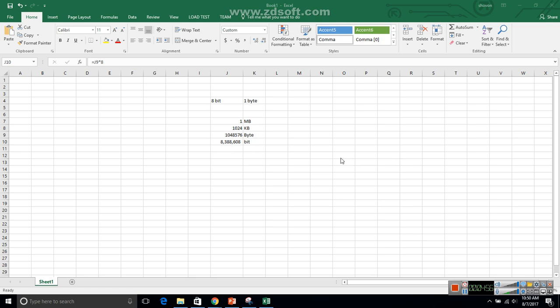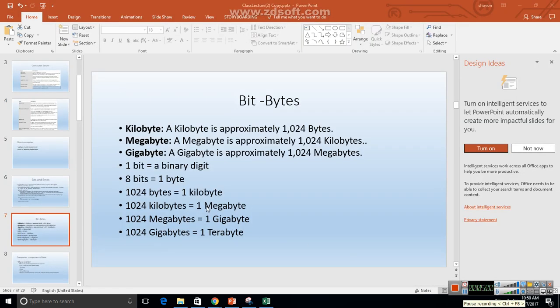That is 1 megabyte. So whenever you see something like a terabyte of disk space, you can understand what it implies. It goes back to basically bits, and that is the number used to determine the amount of data.